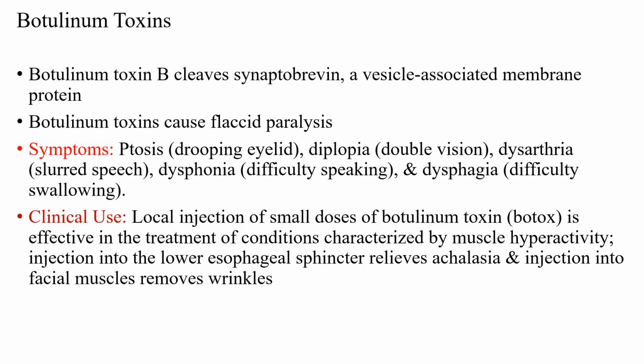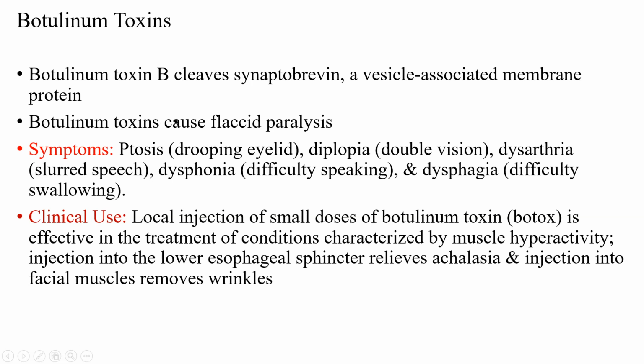Your neuron is firing but there is no chemical message in between. So botulinum toxin causes ptosis, drooping of the eyelid, and double vision because the eye muscle is not working. You cannot coordinate. Dysarthria means slurred speech. Dysphonia, difficulty in speaking, and dysphagia, difficulty in swallowing.